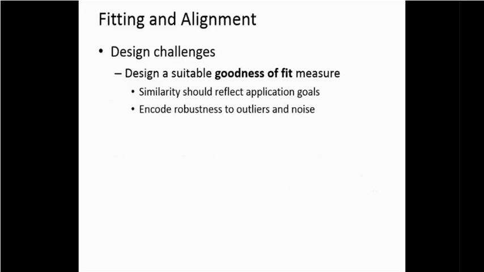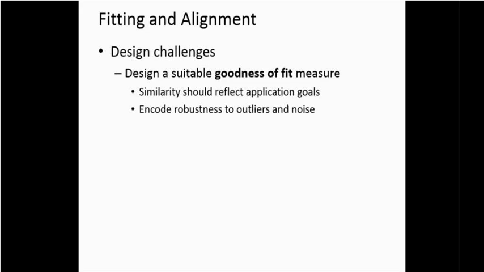So the main challenges of designing a fitting and alignment algorithm are, one of the main ones, to create a suitable goodness of fit measure. So that should be really basic. You need to know, does my proposed model fit the data? How do I measure whether my proposed model fits the data?